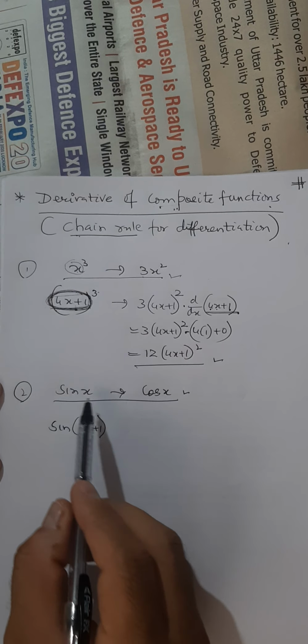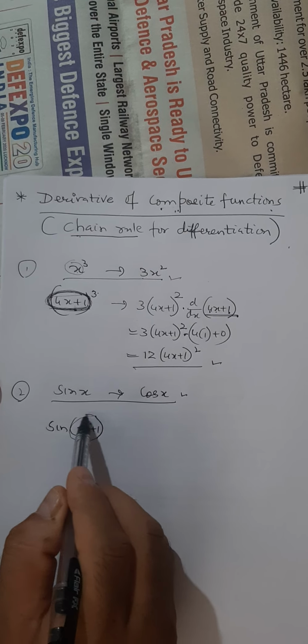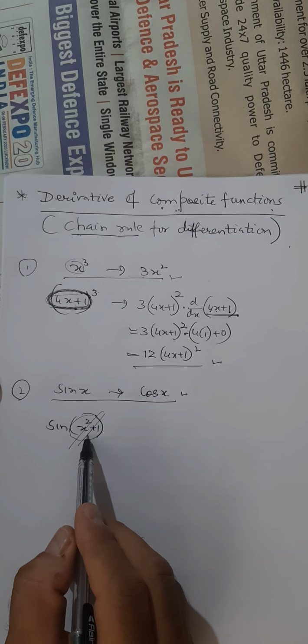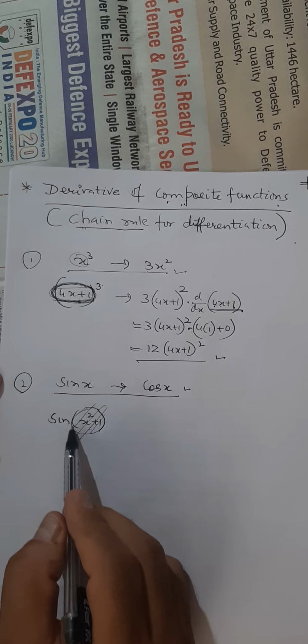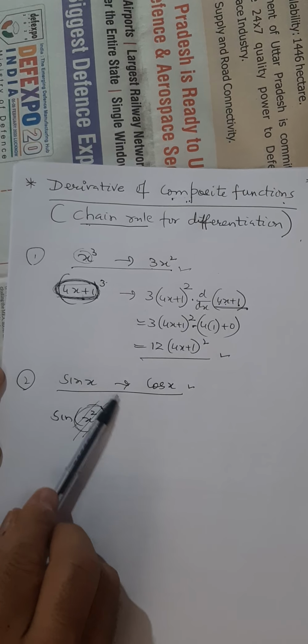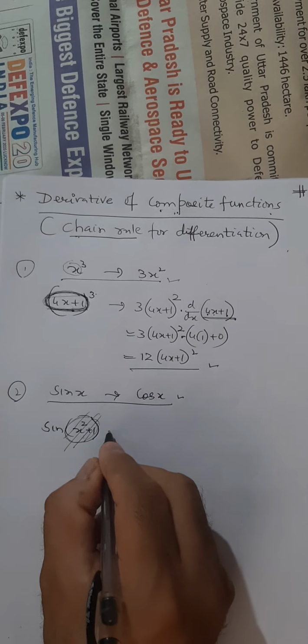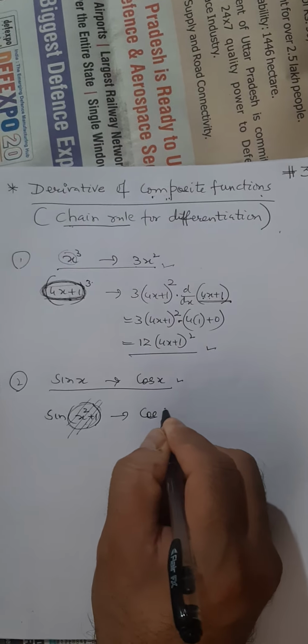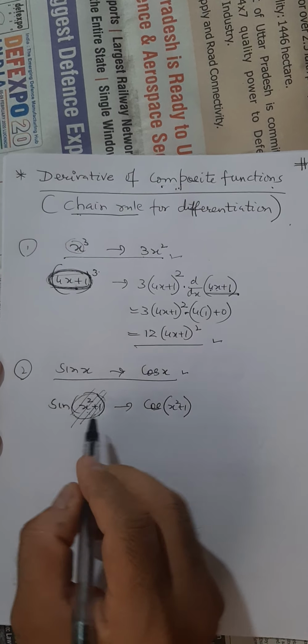So what I'll do, just compare with this one. You know derivative of sine x, so I'll imagine this bracket as x. This bracket is x for us, remember. So this looks like sine x. What's the derivative of sine x? That's cos x. So cos, you copy this bracket, which is x square plus 1.